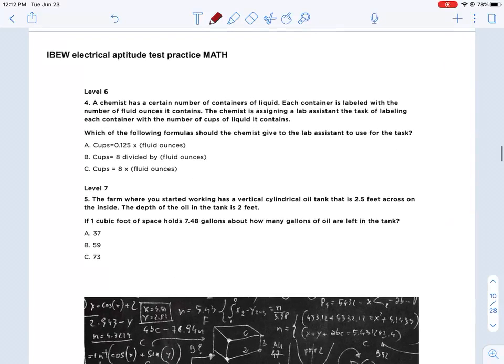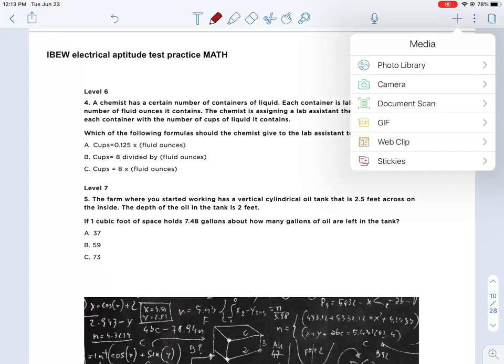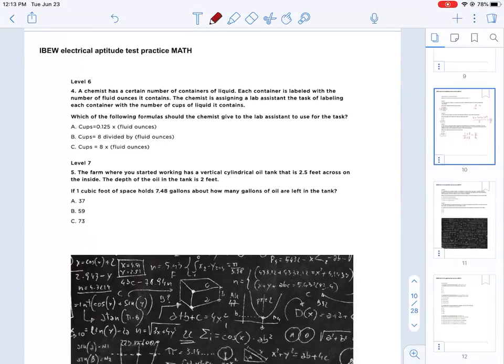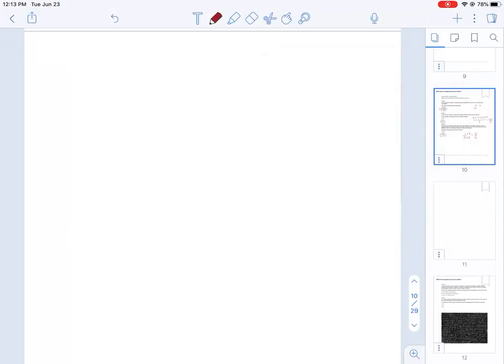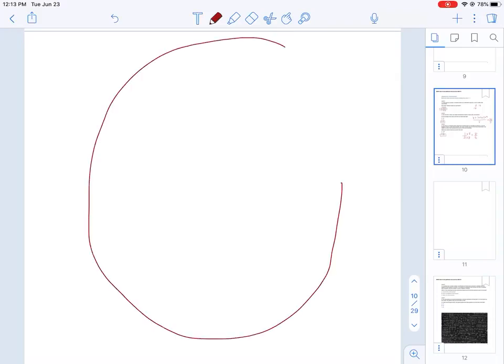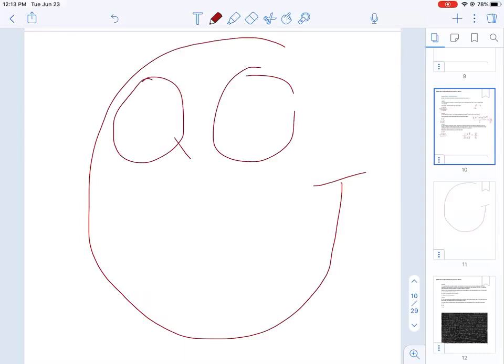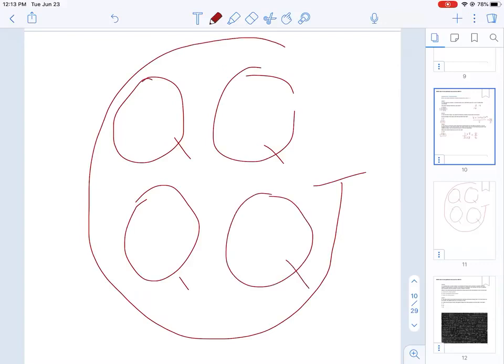Well, back in the day, here I'm going to add a little blank page. I'm going to show you a little picture. I don't know if this is going to come up in your test, but if you have a gallon, there's a gallon. It contains 4 quarts, like 4 quarters. Each quart contains 2 pints.